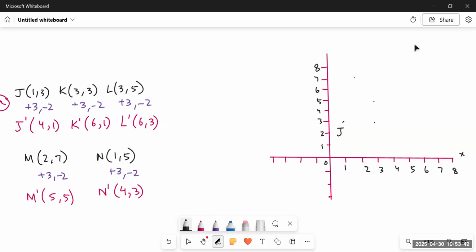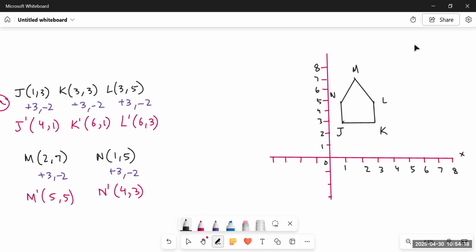And then N is (1, 5). So this would be JKLMN. Now we will join these points. This is how we will draw this pentagon, as you can see.